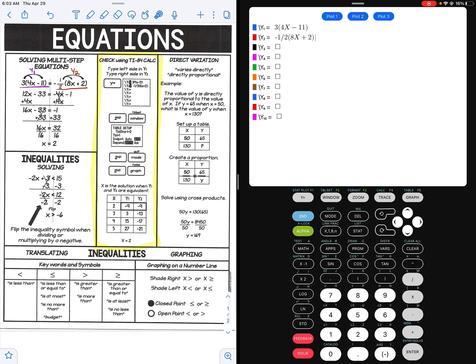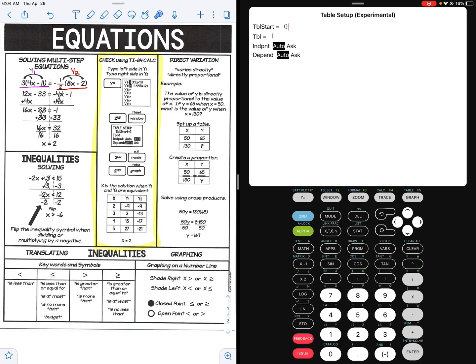Now that we finished that portion, type the left side into y1, type the right side into y2, and we have all that in y equals. Now we tap second window to set up our table.